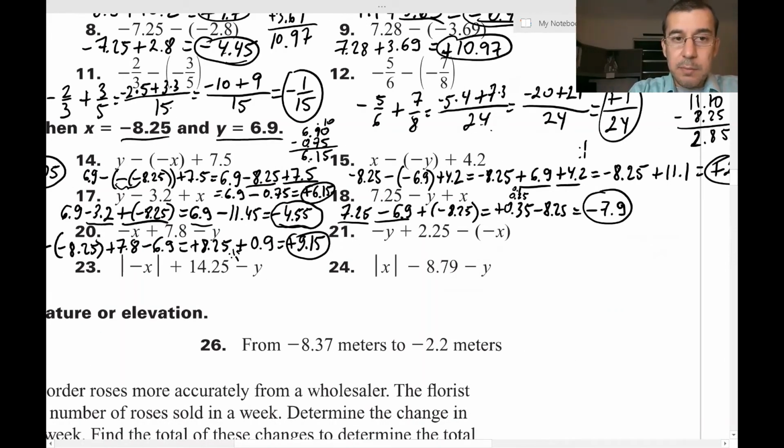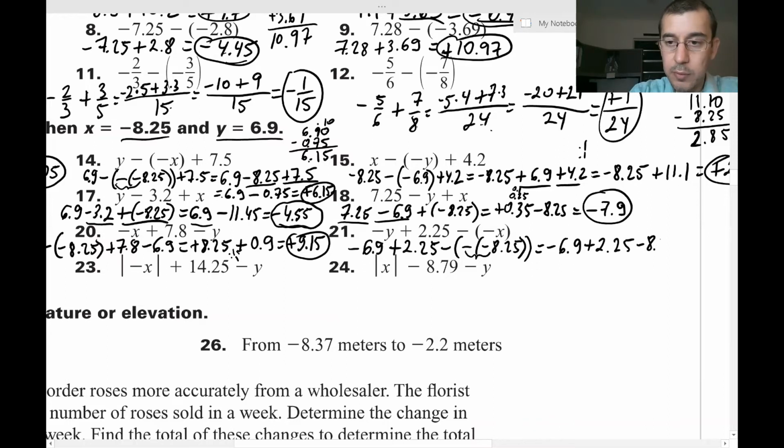Number 21, minus y. So minus y is 6.9 plus 2.25, and then minus, and then x is minus 8.25. So minus 6.9 plus 2.25. Now these two minuses, this is plus, and then we have another minus, so minus 8.25.